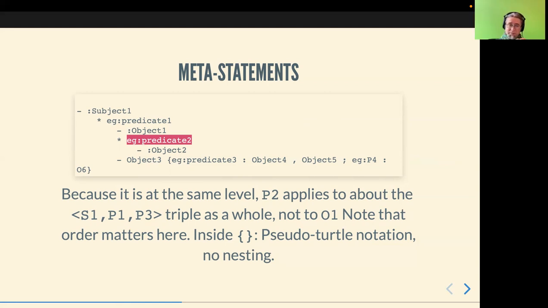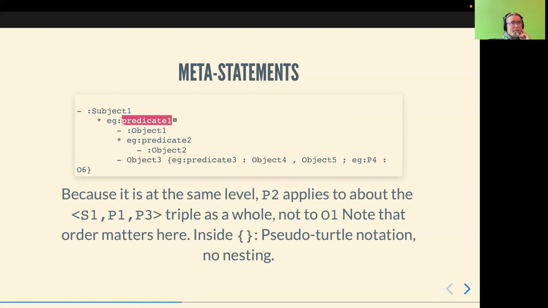Correct. But then how is object 3 not part of the subject of predicate 2? Because it is not nested under this, it's nested under this. Structurally I understand it, but I'm not understanding in practice how that would be.